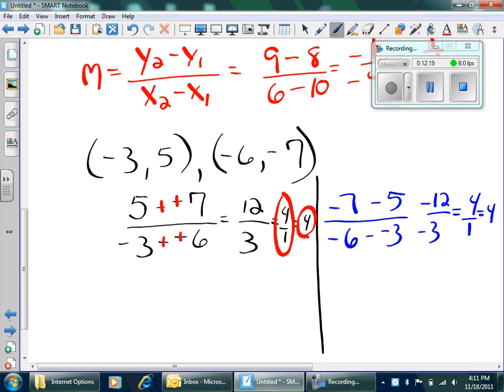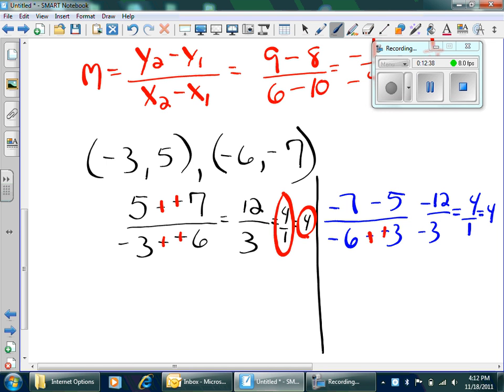All right, in the blue one, I did -7 minus 5. Notice it's not minus a negative. It's -7 minus 5. So in that case, I get -12. If I owed $7 and I owed $5 more, I would owe $12. In the denominator, I have -6 minus -3.